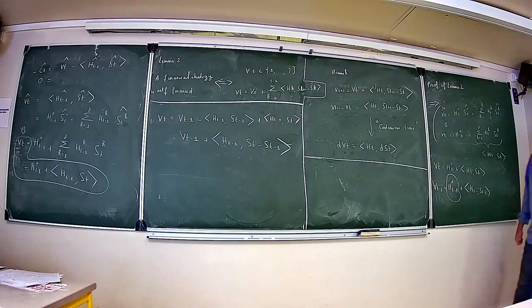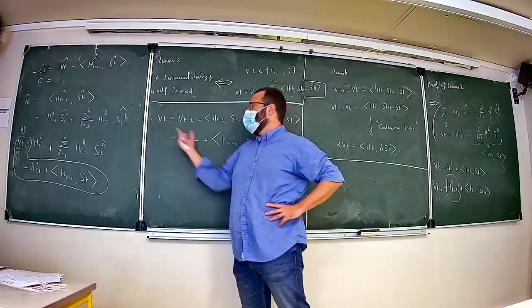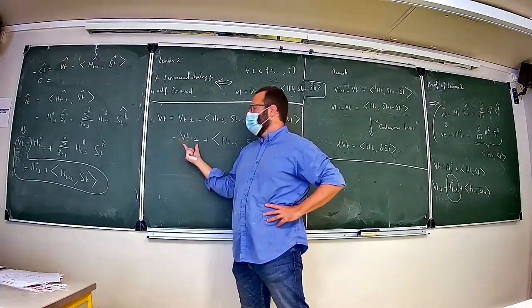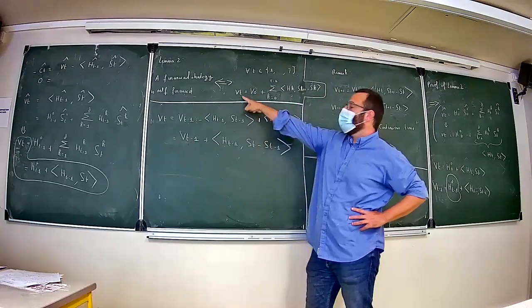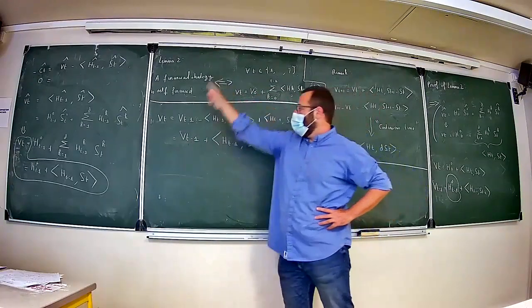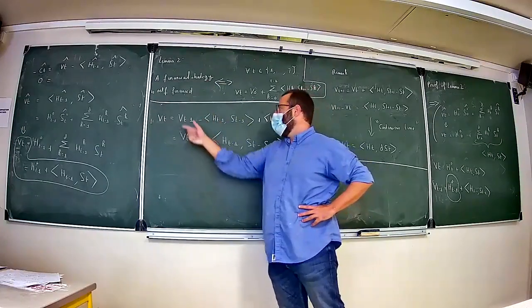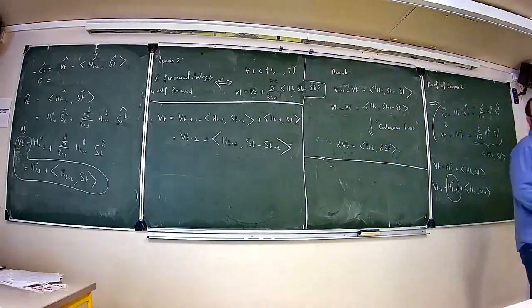Because what I have done, I have proved that I can have an induction relation between Vt and Vt minus 1. If I want to express Vt, I just do the sum of all the expressions from 1 to t. I will have simplifications, okay?